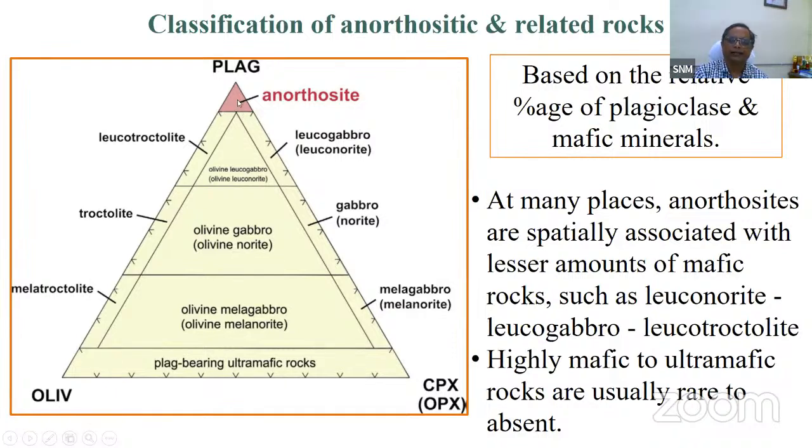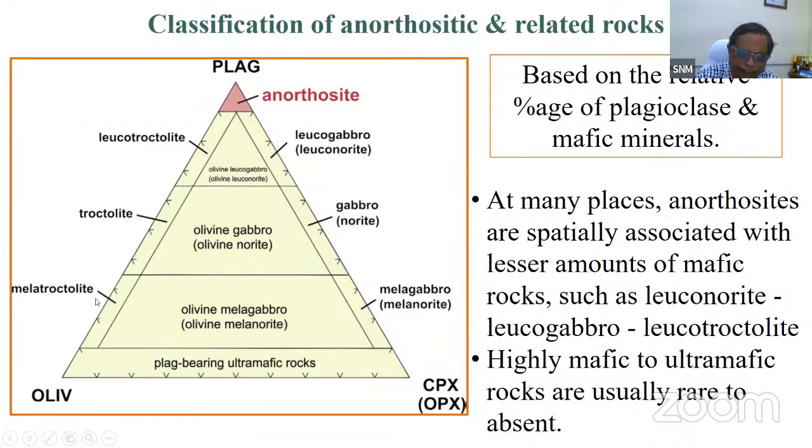But when the olivine or pyroxene increases, the name changes to leucogabbro or leucotroctolite, gabbronorite or troctolite, and melanogabbro to melanotroctolite.